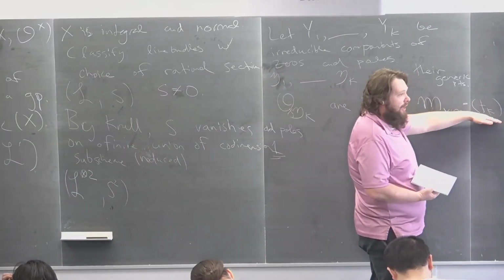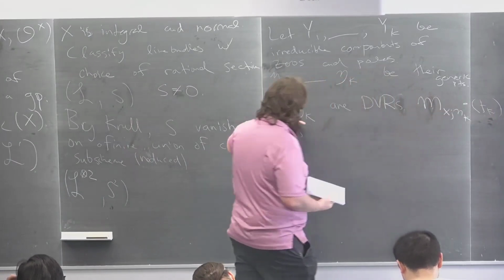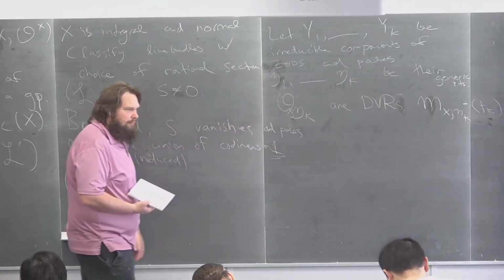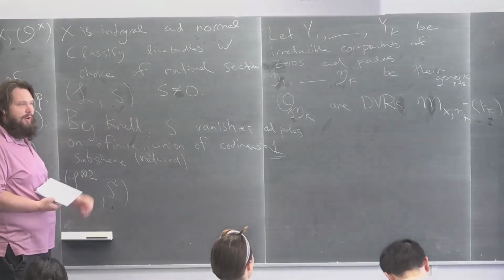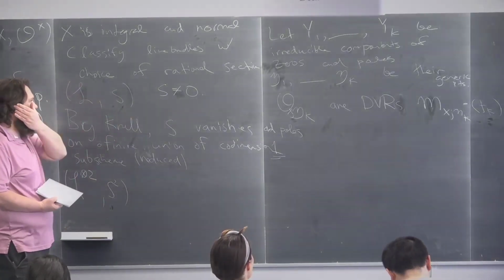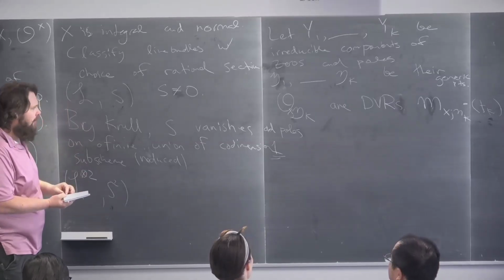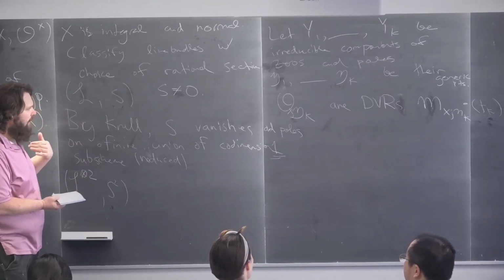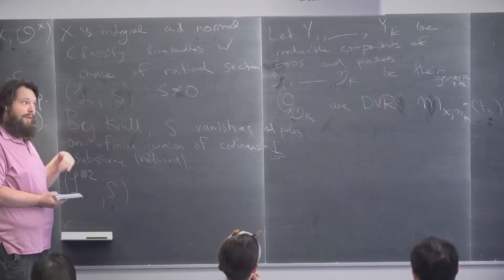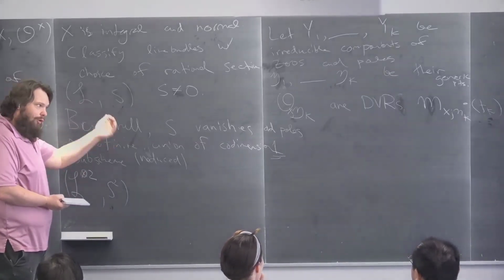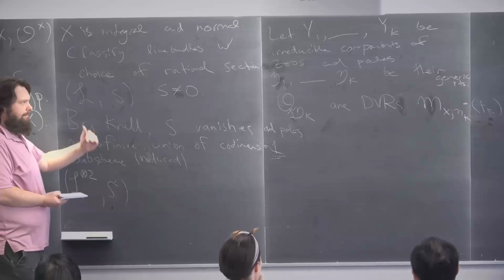If I take this and multiply it by something invertible in this local ring, I'll get something that vanishes to order 1. And if I take t_k and raise it to the mth power, whatever m is, then I'll get something that vanishes to order m. Or if m is negative, I get something with a pole whose order is minus m.